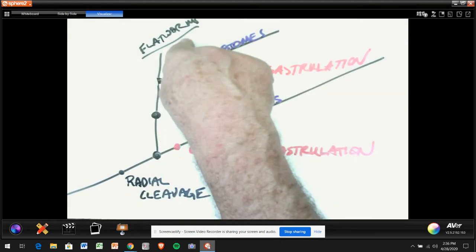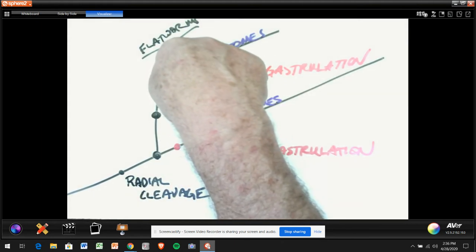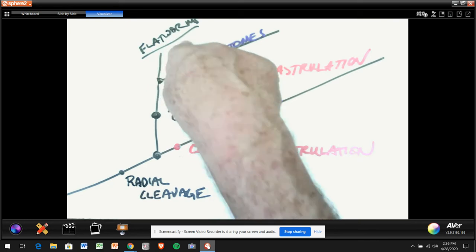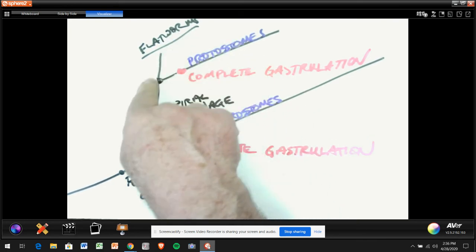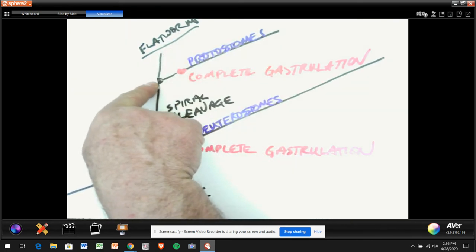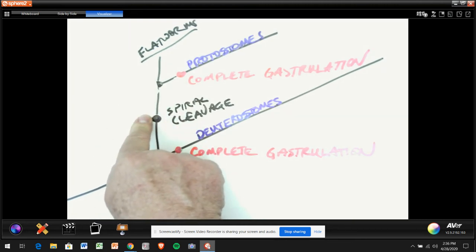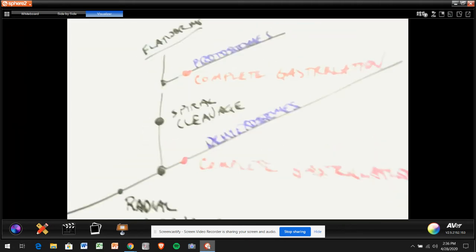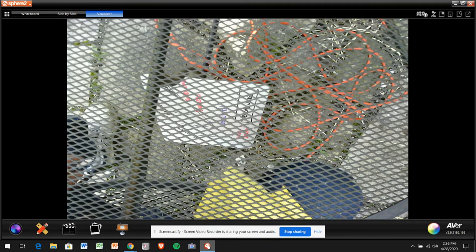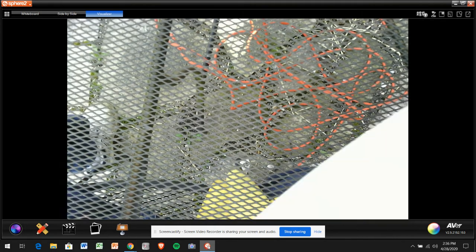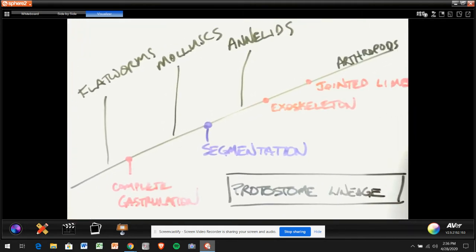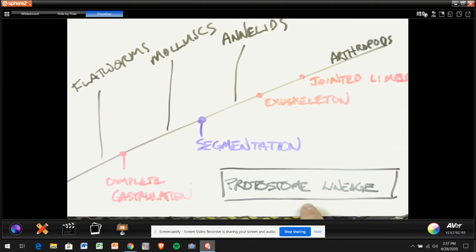Okay, the flatworms have incomplete gastrulation, but the flatworms share a more recent common ancestor with the protostomes, and their a little bit more ancient common ancestor was the beginning of a new pattern of embryonic development that's called spiral cleavage. Okay, so let's get that out of the way, and let's put this up here, and we can see now we're looking at the protostome lineage.